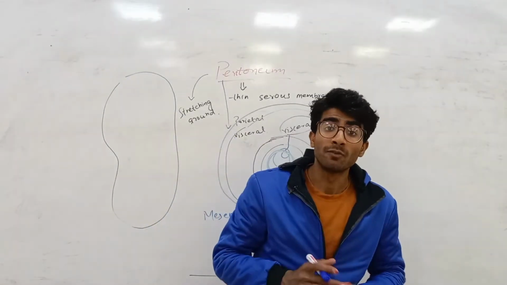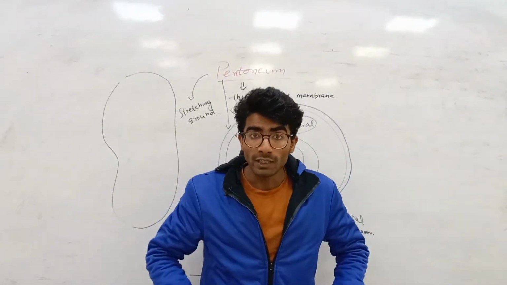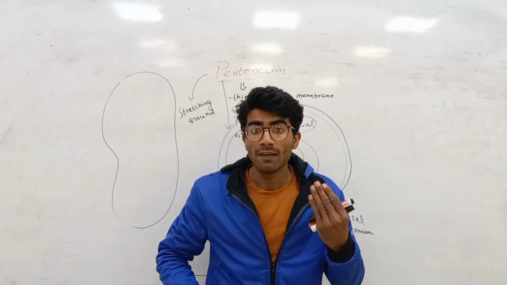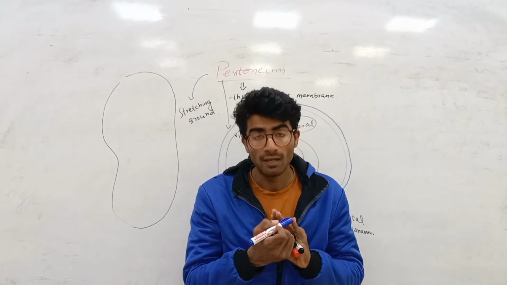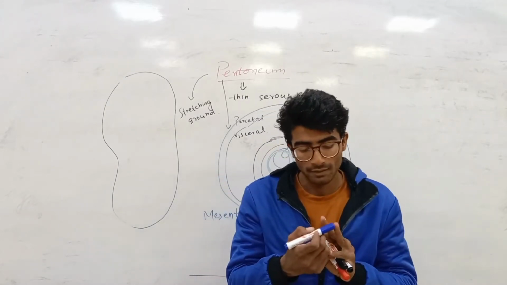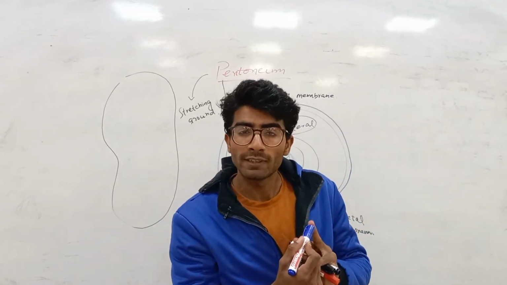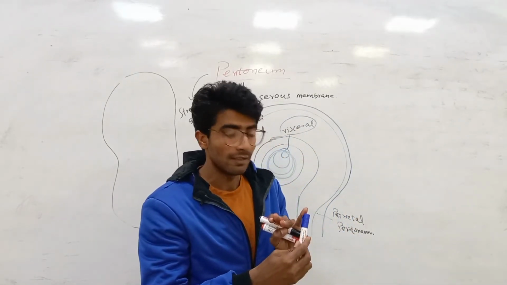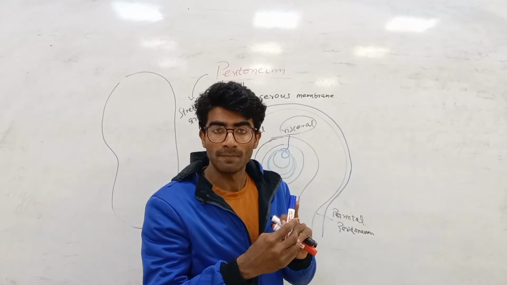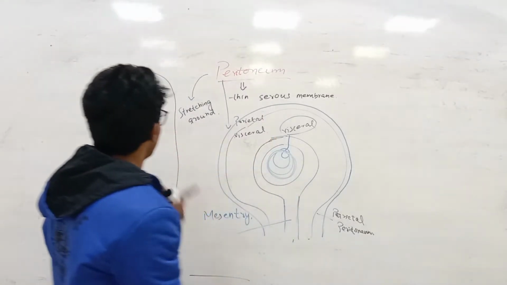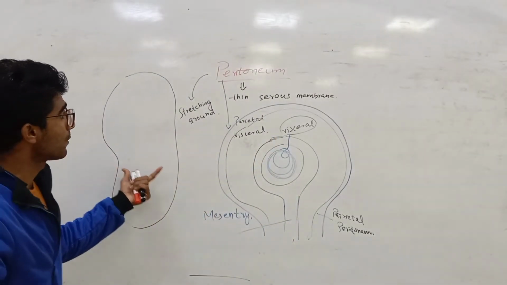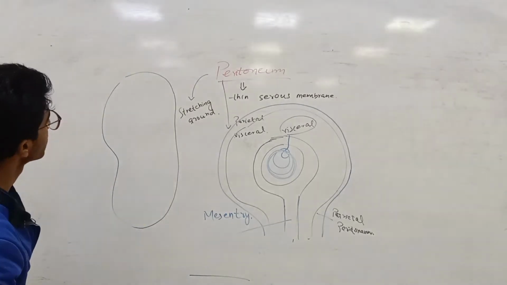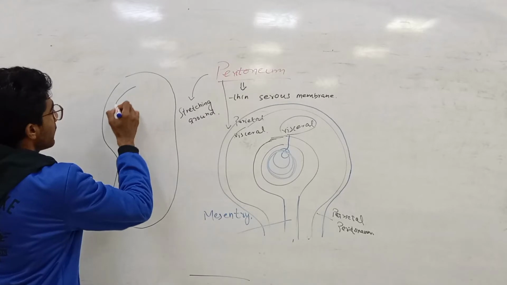Remember and note that in our body we have four sacs. One is the cardiac sac, one is the peritoneal sac, and two sacs are present in the left lung and right lung. The largest sac is known as the peritoneal sac.